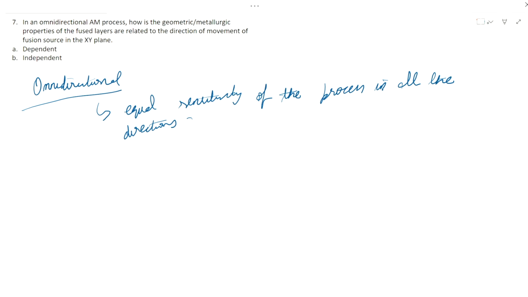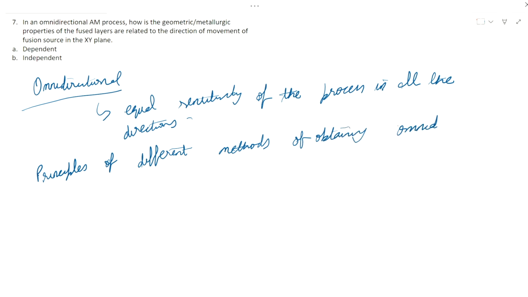Now, these are various different methods, principles of different methods of obtaining omnidirectionality.